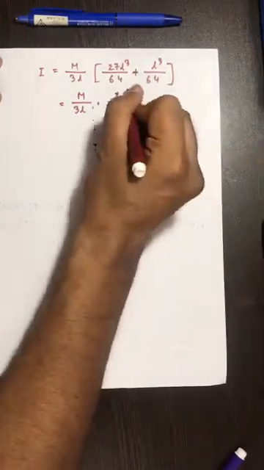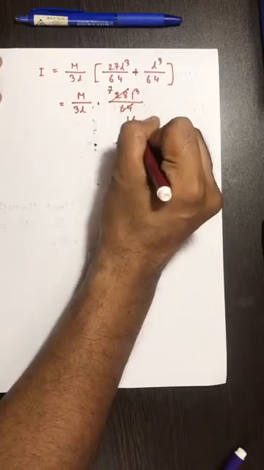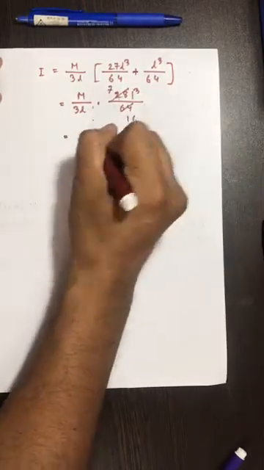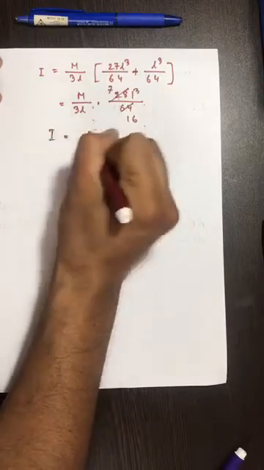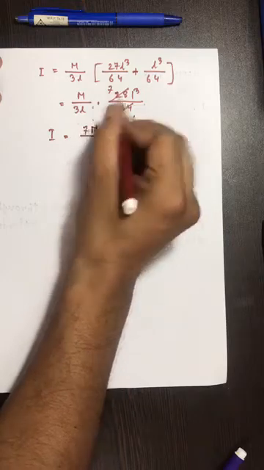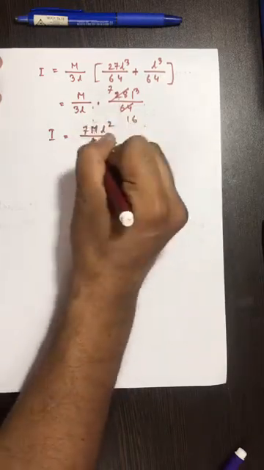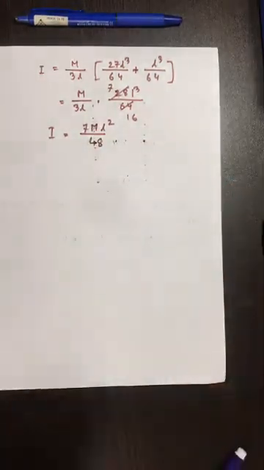The 4 7s are 28, 4 16s are 64. So it comes I equal to 7 M L square, the cube goes to one, M is dropped, so L square, divided by 48. Understand, guys?